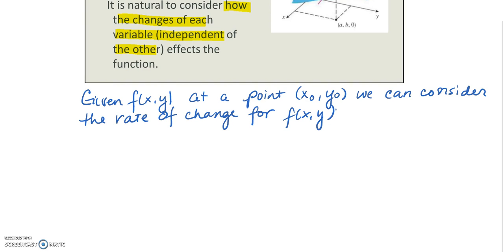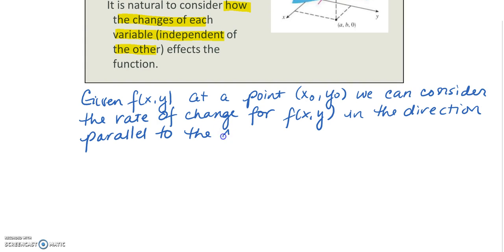First, in the direction parallel to the x-axis. Keep in mind that if we are allowing the input variable x to change, or looking at changes with respect to the x-axis, this is a key idea: if we're parallel to the x-axis, we must hold y constant.